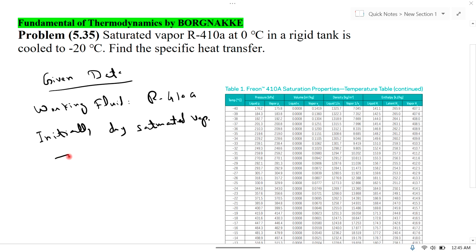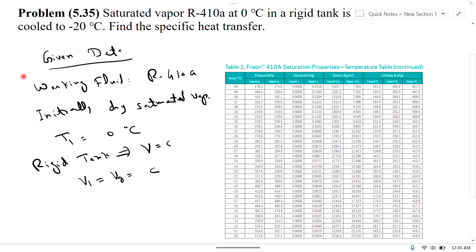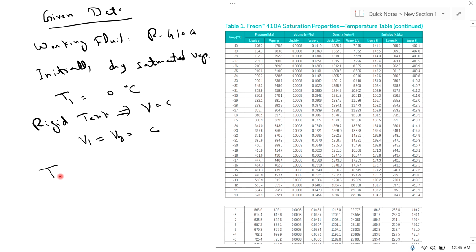So initial temperature T1 is equal to 0 degrees centigrade, and a rigid tank means that volume is constant. We can write this as V1 is equal to V2 is equal to constant. It is cooled to minus 20 degrees centigrade. Final temperature is minus 20 degrees centigrade.